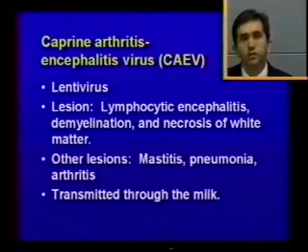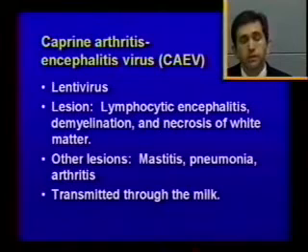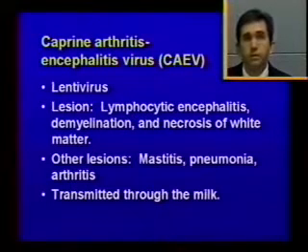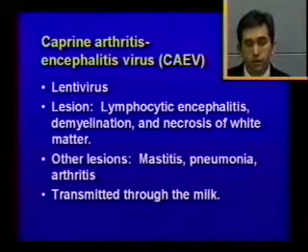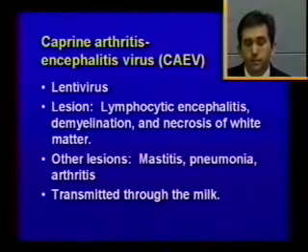A neurological disease of goats that is very important in the United States is caprine arthritis encephalitis virus, or CAEV. This is caused by a retrovirus, and particularly a lentivirus. A lentivirus is a subfamily of the retroviruses. And it causes several diseases that are seen with some frequency. Lymphocytic encephalitis, demyelination of the brain and spinal cord, and necrosis of the white matter.